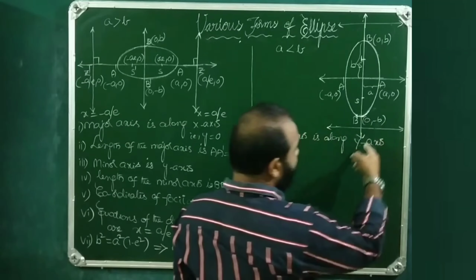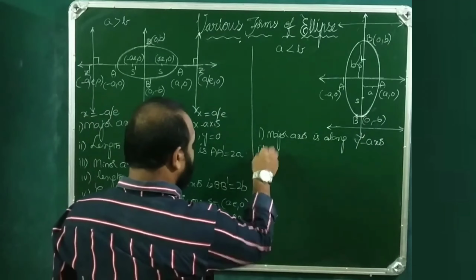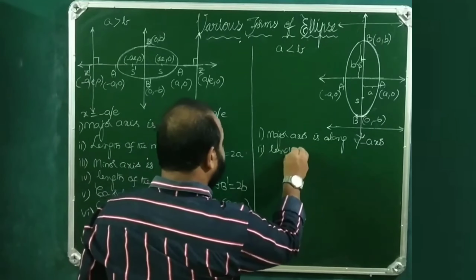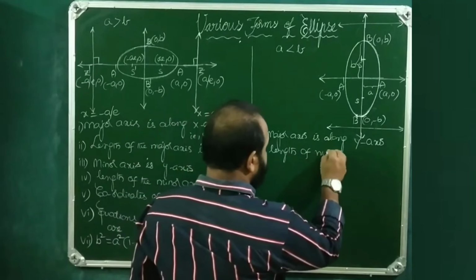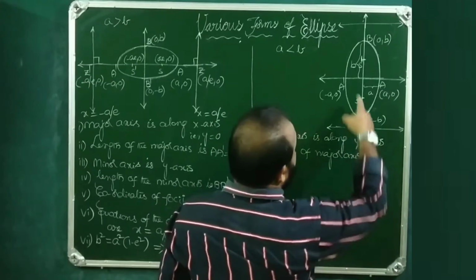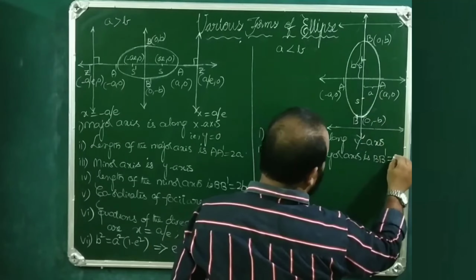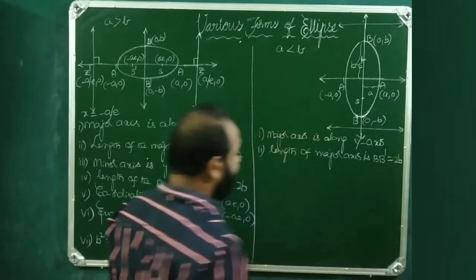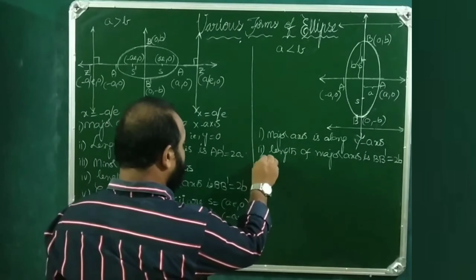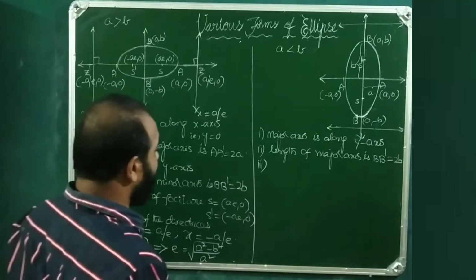That is x equals 0. So the length of the major axis BB dash is equal to 2b. Likewise, what is the minor axis?